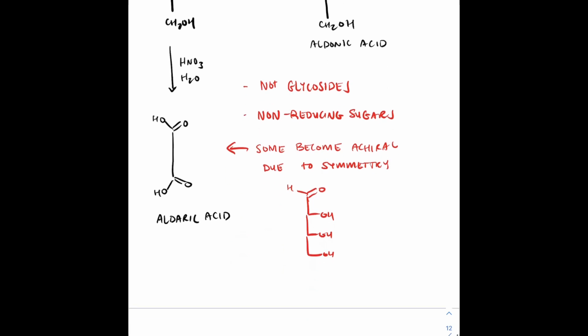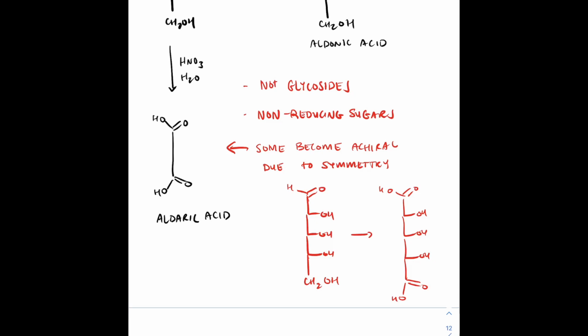So we know that sugars are highly chiral. They have a lot of stereogenic centers in them, and so by definition they are going to be chiral without that symmetry element. However, in this example right here, if we were going to convert this sugar to an aldaric acid, we have those three hydroxyl groups on the right, and we form two carboxylic acids on either end, and therefore we have a high symmetry element here.